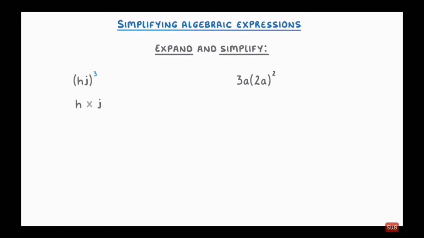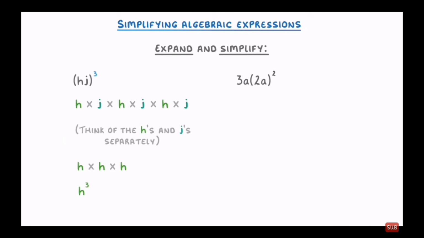So h times j times h times j times h times j. And now that we've written it all out, we can think of the h's and the j's separately. So we have h times h times h, which is h cubed, times j times j times j, which is j cubed. So overall, it's equal to h cubed j cubed.